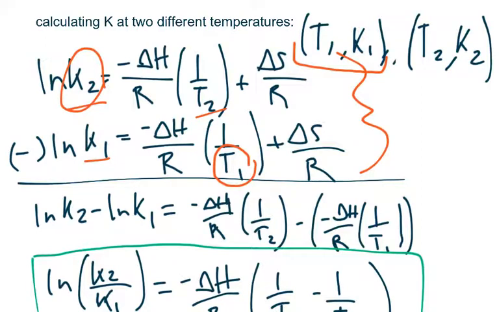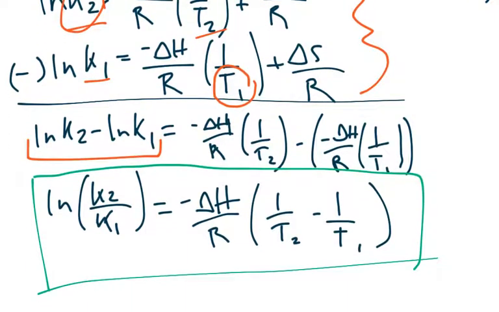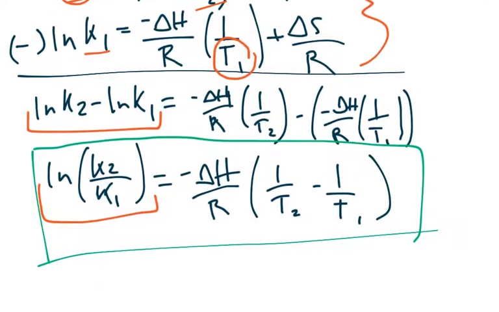So we actually subtract these 2 equations, so we get the natural log of K2 minus the natural log of K1 is equal to negative delta H of the reaction over R times 1 over T2 minus negative delta H over R times 1 over T1. And doing some simplification and some log rules, we can say that the natural log of K2 over K1 is equal to negative delta H over R times, parentheses, 1 over T2 minus 1 over T1, end parentheses.